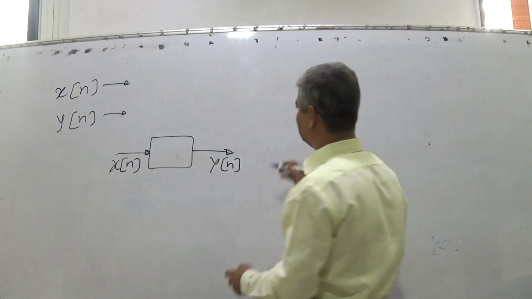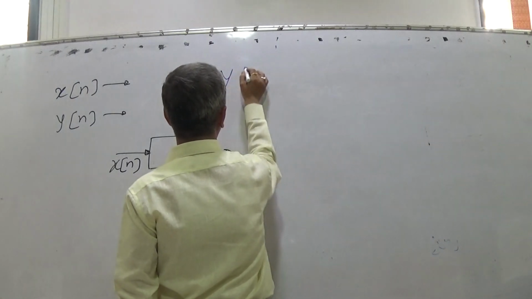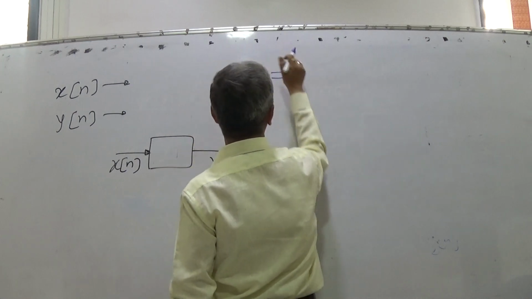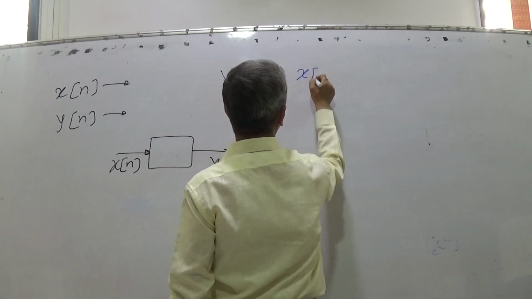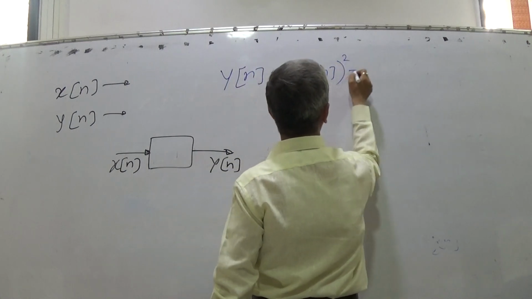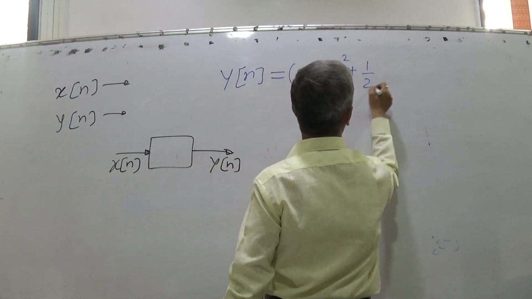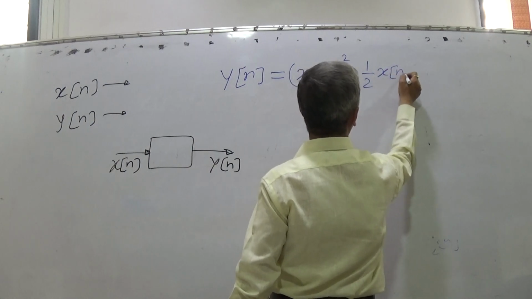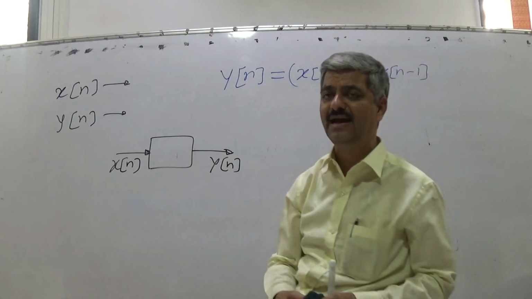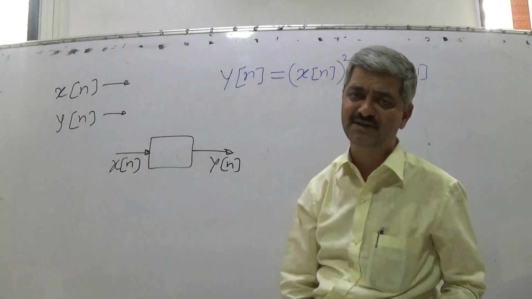But that is not necessarily the only thing we can have. There can be a system which you can easily implement using a computer: y[n] equals x[n] squared plus half x[n minus 1].